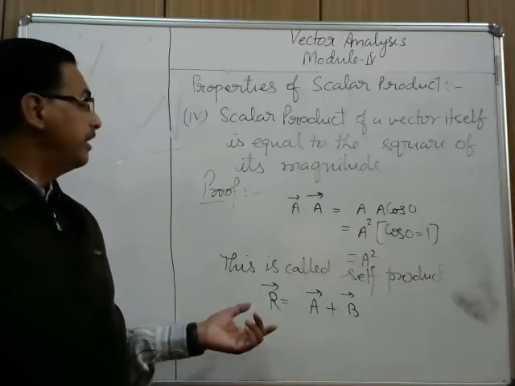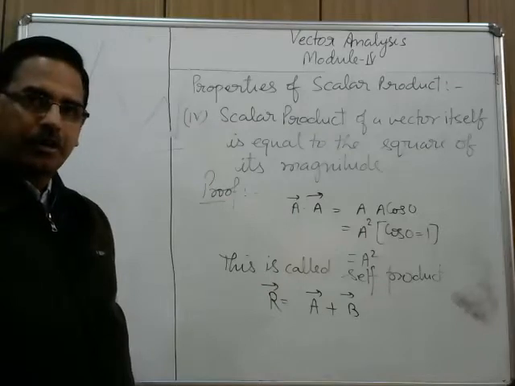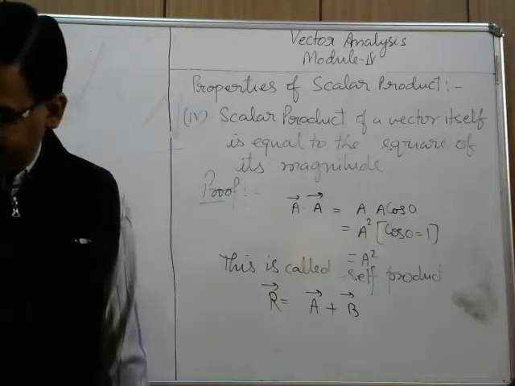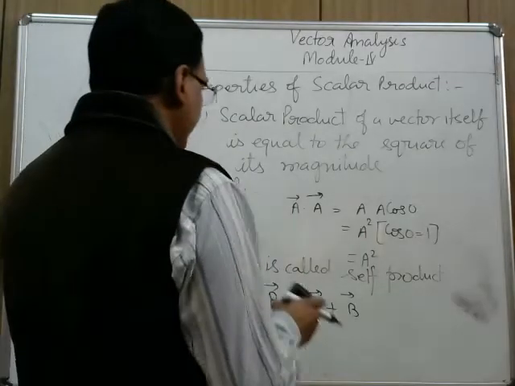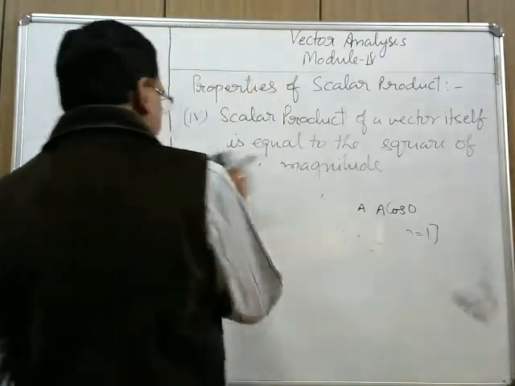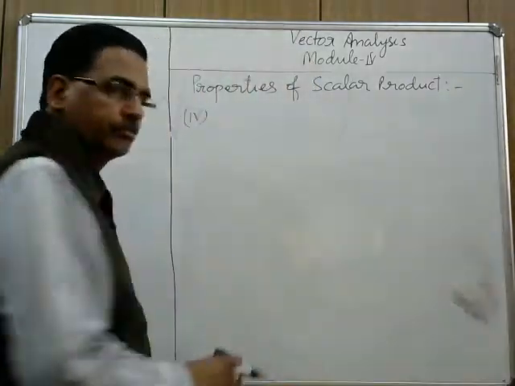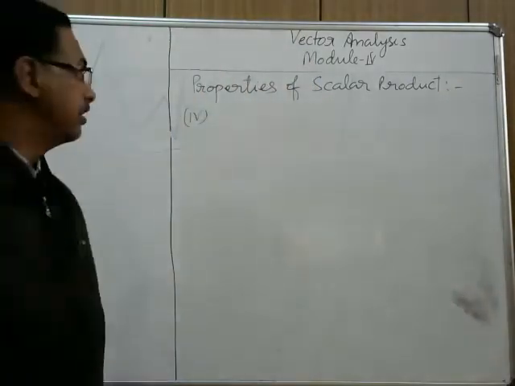This can be obtained by using this property, which is known as self product. Now the question is how? See, I am making use of this self product to find the resultant of two vectors. That is the application of this property.